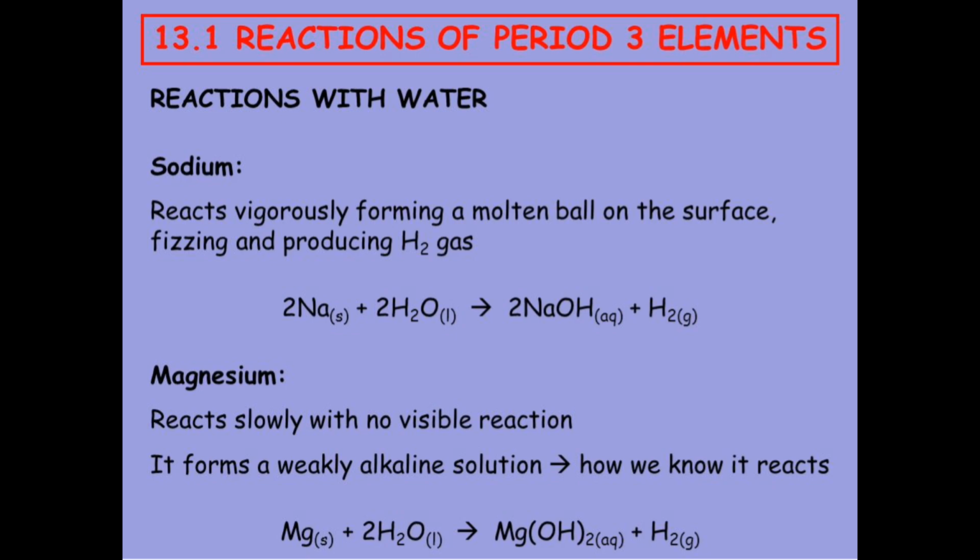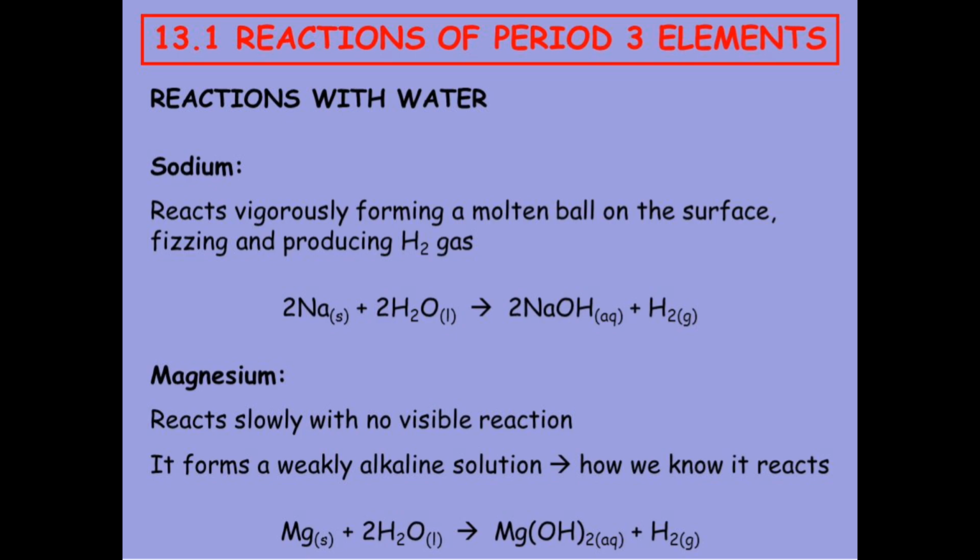Let's start with the period 3 elements. The period 3 elements are able to react with water. For instance, in period 3 we have sodium, magnesium, aluminum, silicon, phosphorus, sulfur, and the likes.